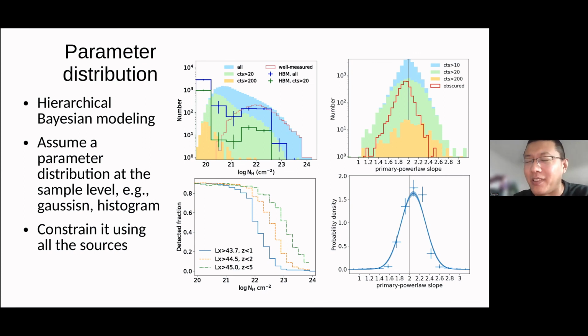Generally speaking, I would say the ART-XC data is not really useful, since the number of sources detected by ART-XC is too small compared with eROSITA. eROSITA would detect millions of AGN across the sky, but ART-XC can only detect a small number of really bright sources. Recovering the intrinsic distribution of AGN column density is a different question from spectral analysis.